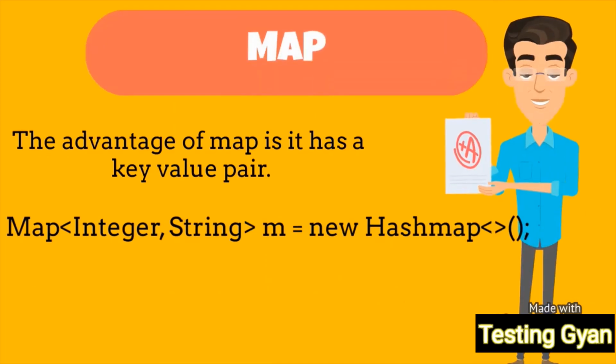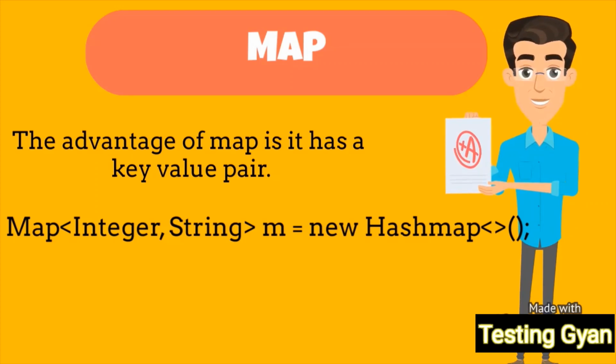Last thing in collection we have is Map. What is the advantage of Map basically? The advantage of Map is it works with key value pair. For every value we'll have a unique key. How will we define it? Again, Map is an interface and we have to search for its implementation, and we have two implementations, that is HashMap or Hashtable. How will we define it?